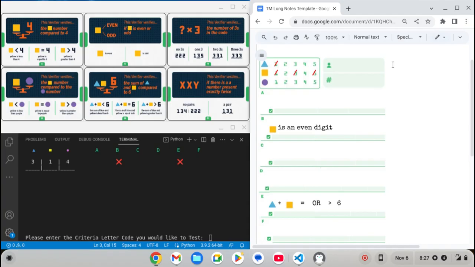We can cross out triangle 1. What about 2? Well, yeah, 2 I think is still valid, because you could always add it to 4 to give us 6. And obviously anything bigger can always be added to 4 to give us a sum that's greater than 6. So yeah, I think that might be it. Okay, so I think that's it for criteria card E.